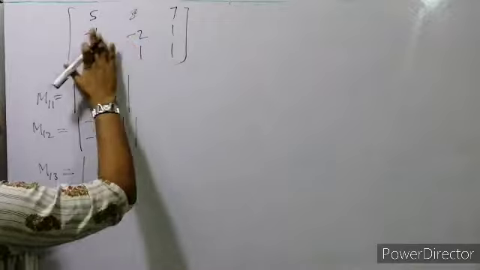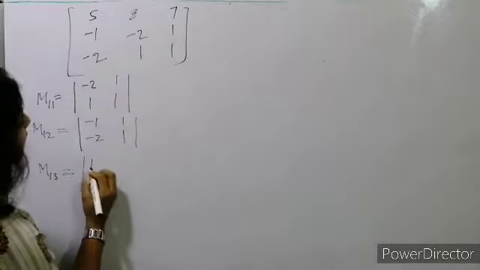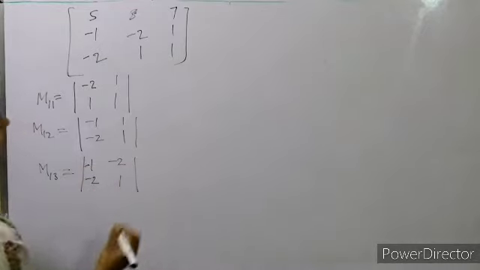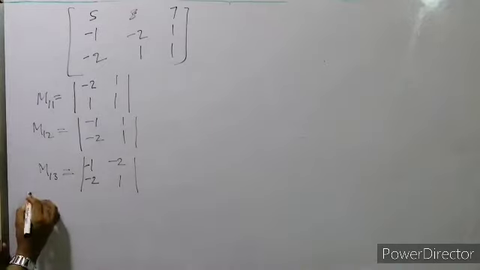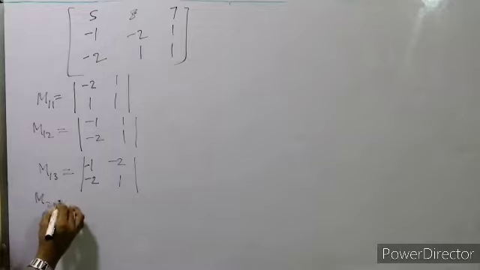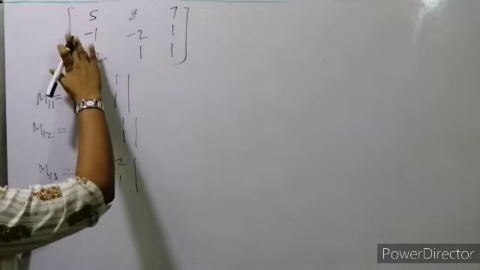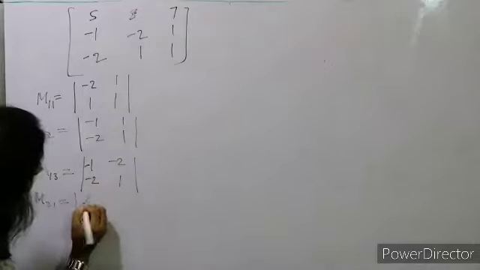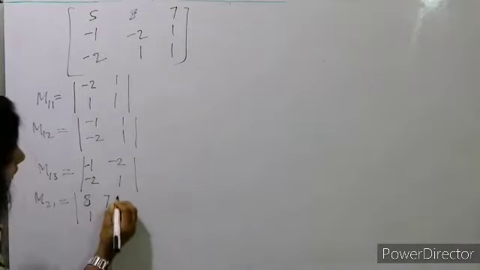So this matrix, I mean these 4 elements: 1, minus 1, minus 2, minus 2, 1... Now M21, this element, so remove this row and this column: 8, 7, 1, 1.